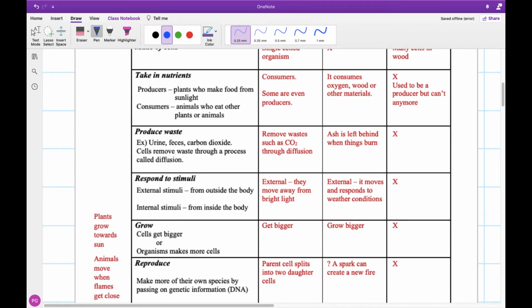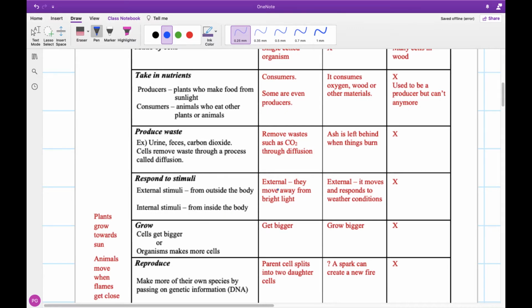Fourth one, need to respond to stimuli. Stimuli just means things that are happening. So when something does something to it, or when they receive a signal from somewhere else, they respond. They don't just ignore the signal. External stimuli are things happening outside the body. Internal are things happening inside the body.